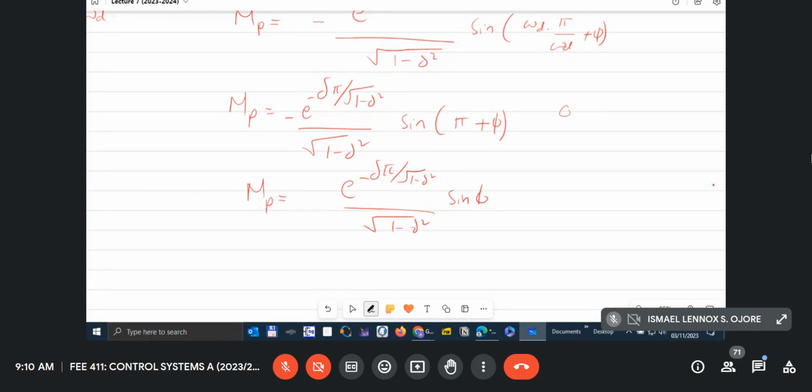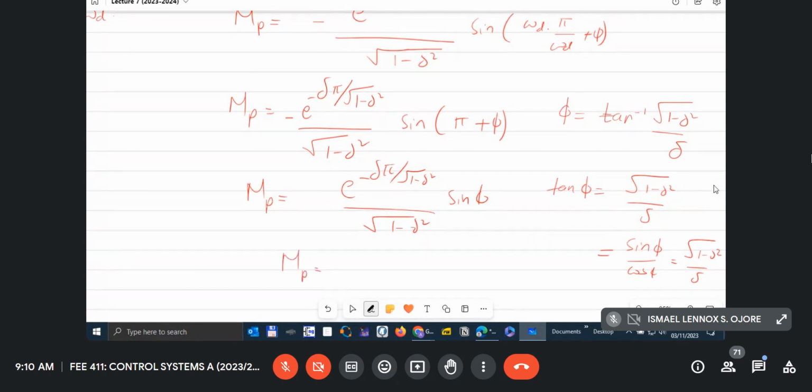So we know that phi is tan inverse of square root of 1 minus delta squared over delta, which implies that sin phi is this numerator here.